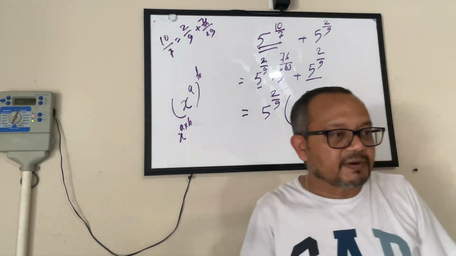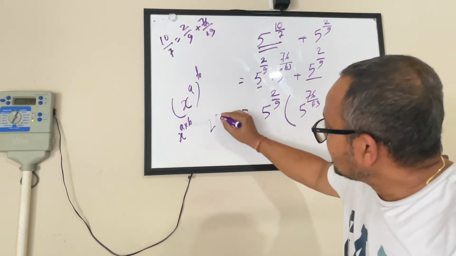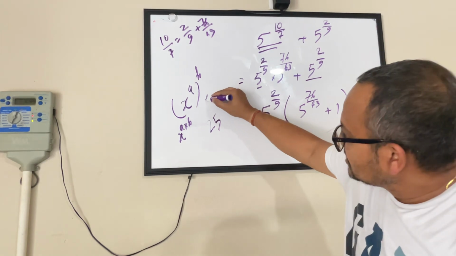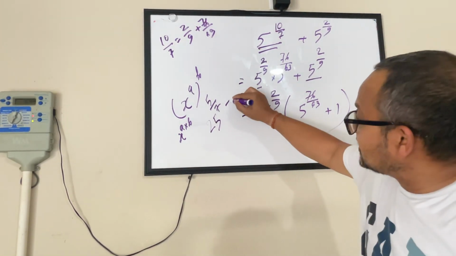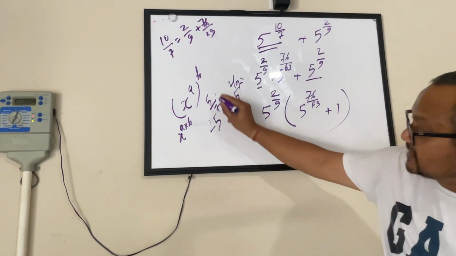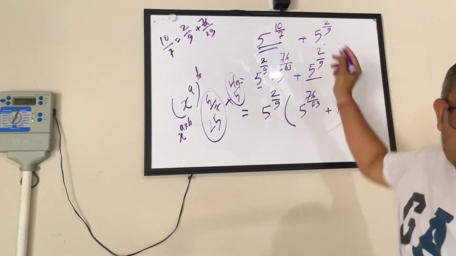Let's do a quick recap. We had a number like 25 to the power 5 by 7, and the other number was 5 to the power 2 by 9. First we converted this into the form of 5, so that I had something similar looking.